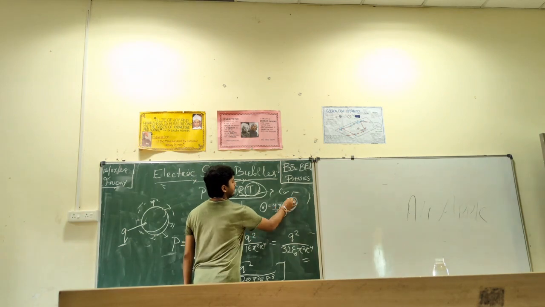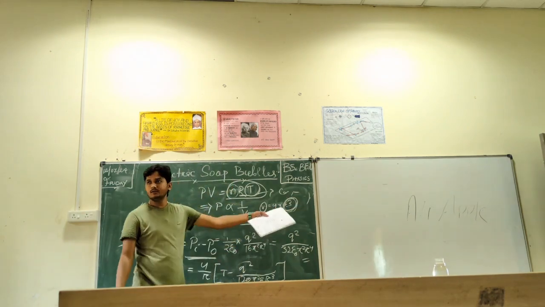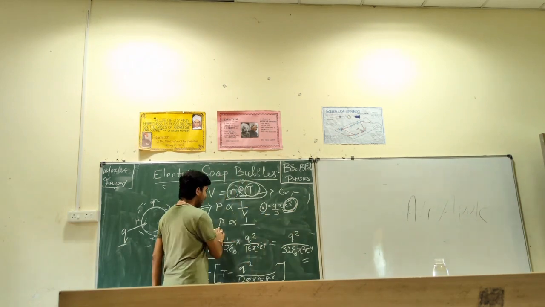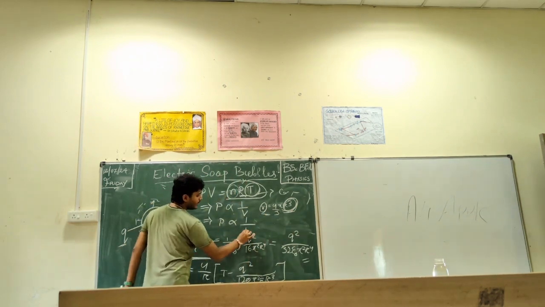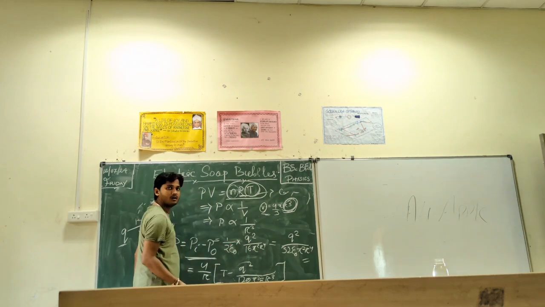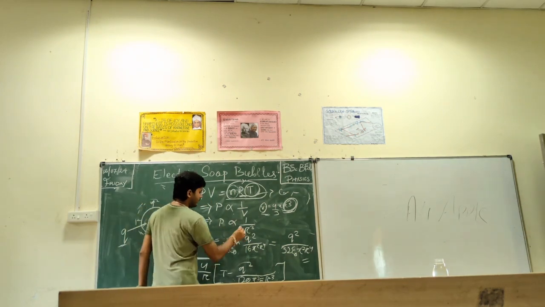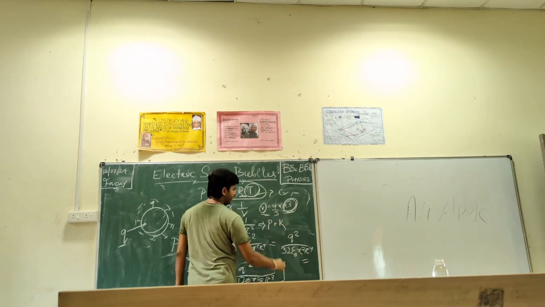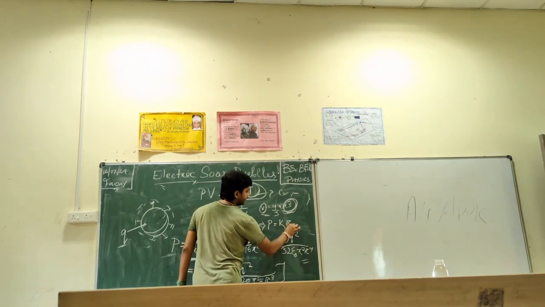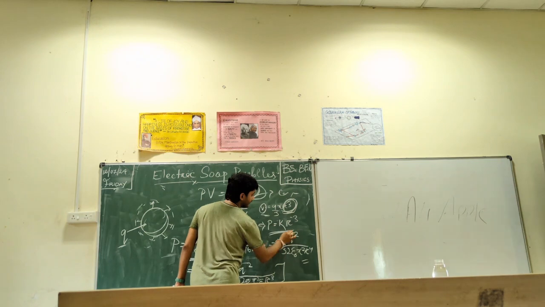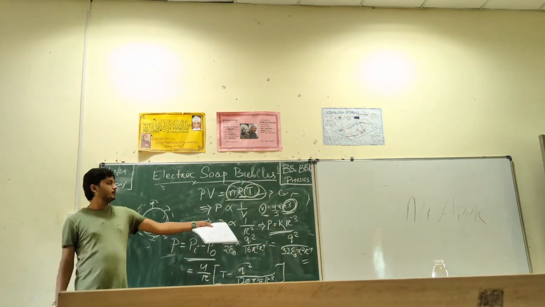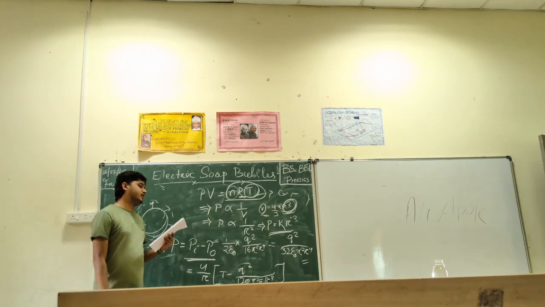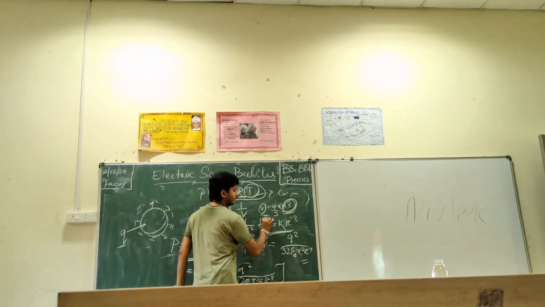So V is directly proportional to r cube. Then you know, 4 by 3 pi r cube is directly proportional to V, so V is directly proportional to r cube. So pressure is inversely proportional to r cube. Then right, here P equal to some constant K into r to the power minus 3. You can write this. P equal to K into r to the power minus 3. All are getting? Yes, sir.